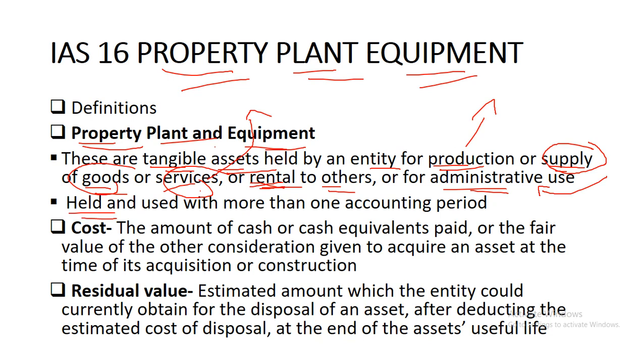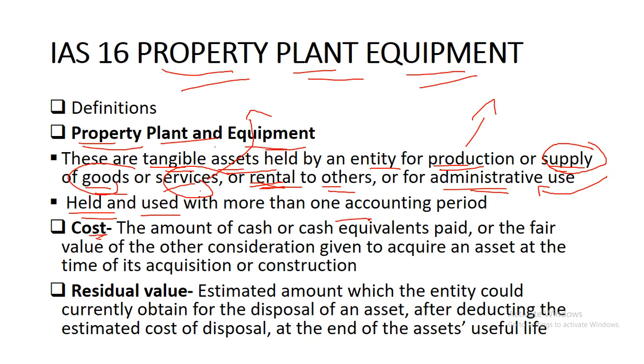Then these are held and used for more than one accounting period. So putting everything together, property, plant and equipment are tangible assets held by an entity for production or supply of goods or services, or rented to others, or for administrative purposes, and held and used for more than one accounting period.